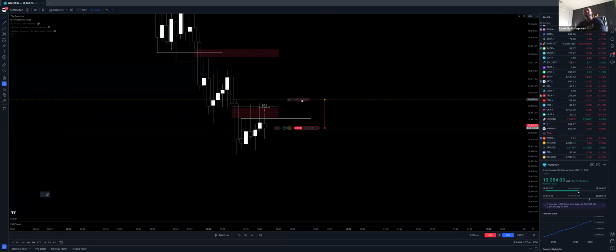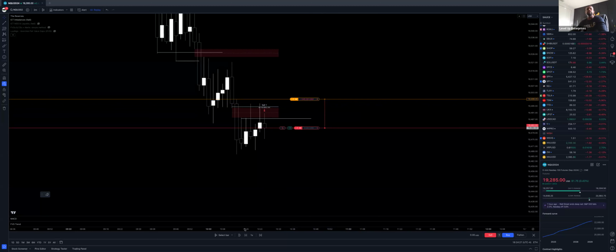Usually I try to put it just a tad bit higher than the first candle's low. Why? Because if you would have put it here, you would have gotten stopped out. Because the market knows that the retail traders, the breakout traders, the beginners, they're going to put their stop losses there, right? So I'd rather put it just a tad bit higher right here.